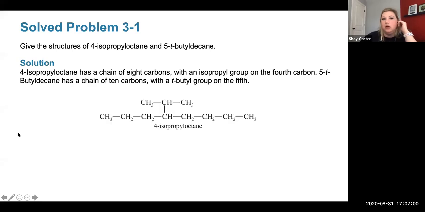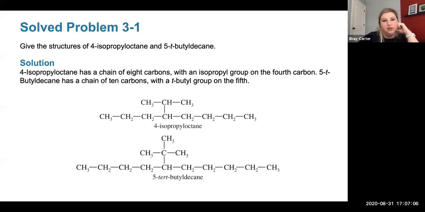So you can draw it in its condensed structure if you would like, and this is what it would look like. So this is good because it's a little bit different than I drew it. Both are acceptable, okay? Skeletal or condensed, either one. I guess this wouldn't be condensed, this would be Lewis structures.